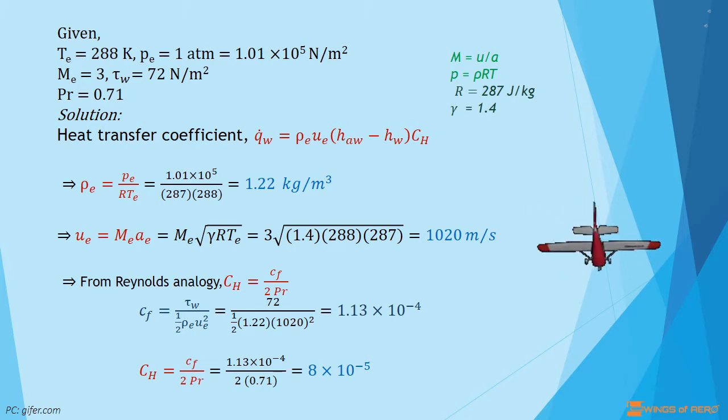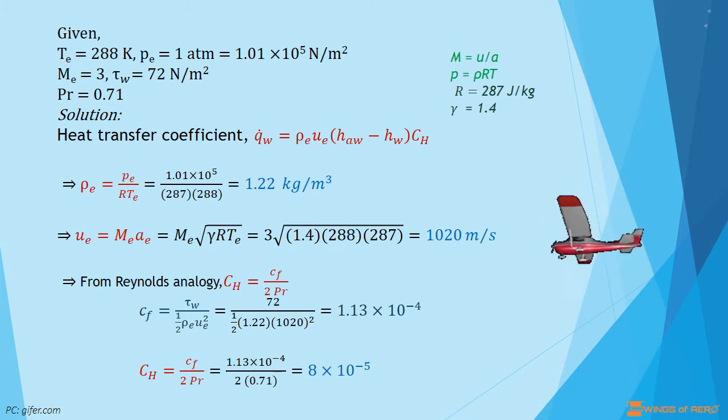So let us define a heat transfer coefficient for an adiabatic wall as Q dot W is equal to rho E into UE into (HAW minus HW) into CH, where rho E is the air density, UE is the velocity of the upper plate, HAW is the adiabatic wall enthalpy, HW is the wall enthalpy, and CH is the Stanton number. So now all these values are unknown.